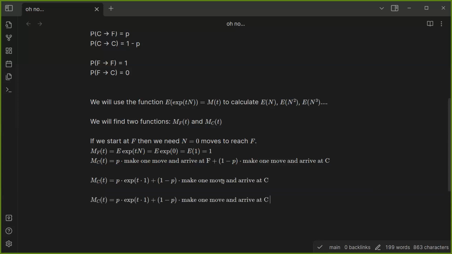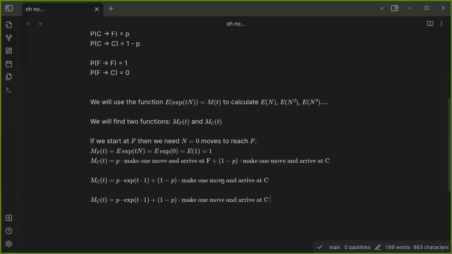Any questions about the first one? What will happen if we arrive at F using just one step? Okay.